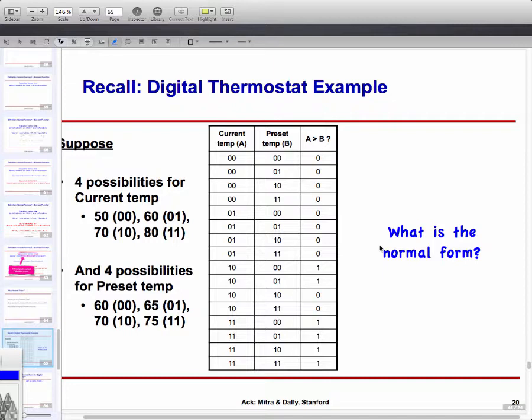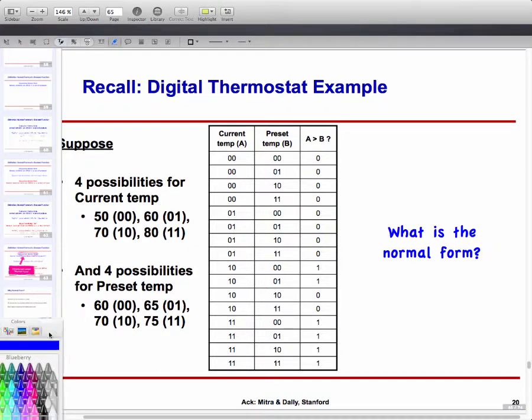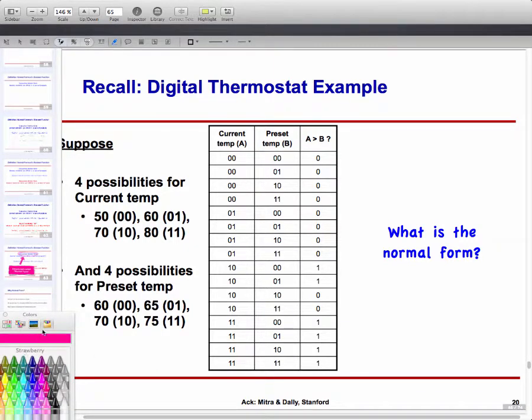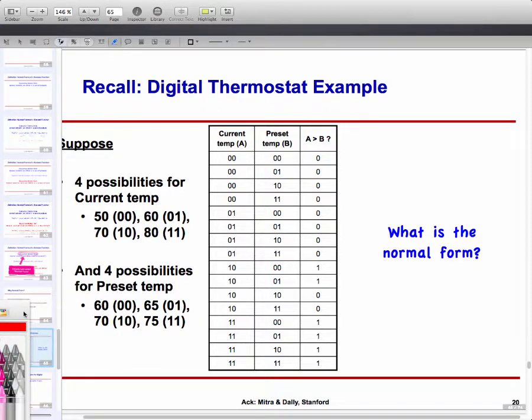So step one, look at where the function is 1. Which rows is it 1 at? So if I mark them out, then we have this one, this one, this one, this one, this one, and this one.